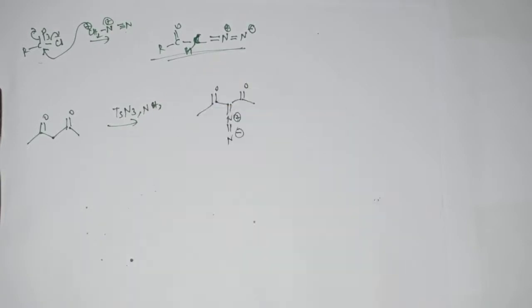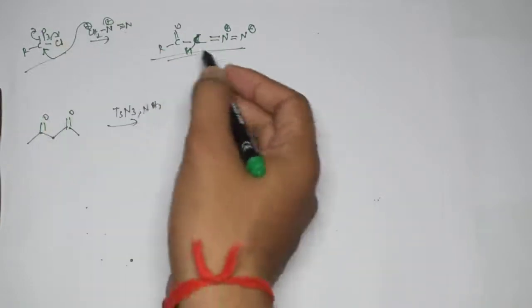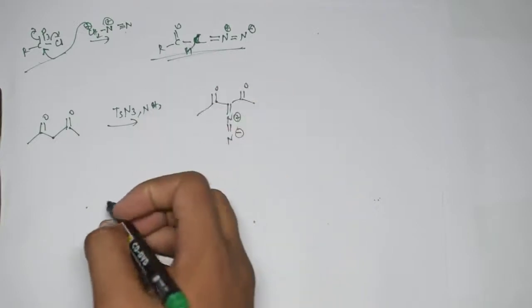Something like this can be formed in this case. I hope you understood this one. Got it? Let me write down the mechanism for this, because you might be confused about how we are getting this.